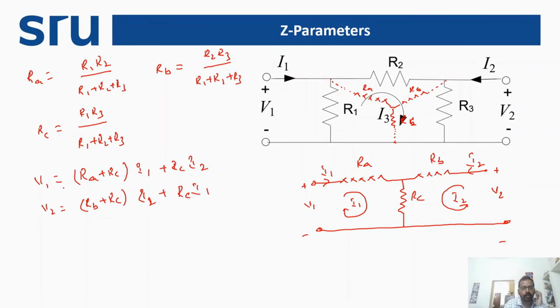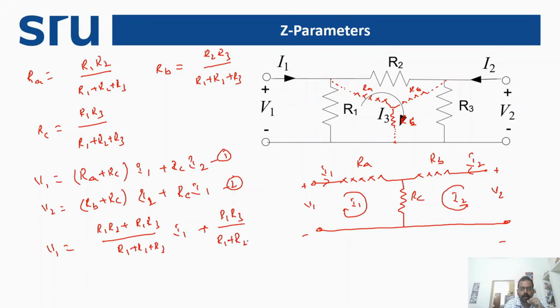If you try to substitute our RA, RB and RC in these equations 1 and 2, we are going to get V1 equal to R1 R2 plus R1 R3 divided by R1 plus R2 plus R3 into I1, plus RC, that is R1 R3 by R1 plus R2 plus R3 into I2.